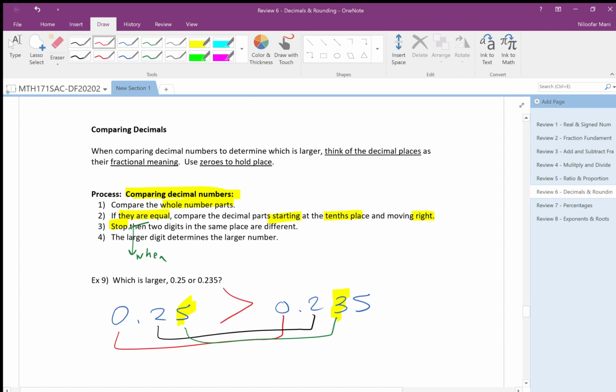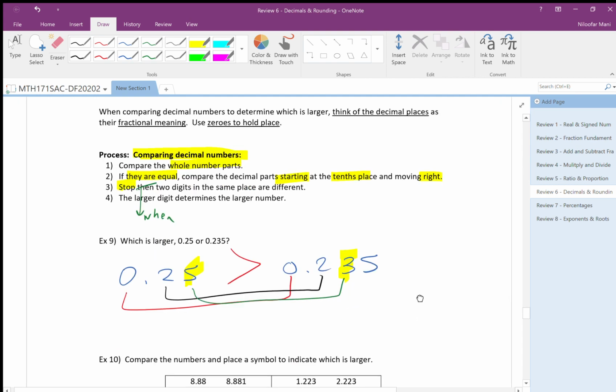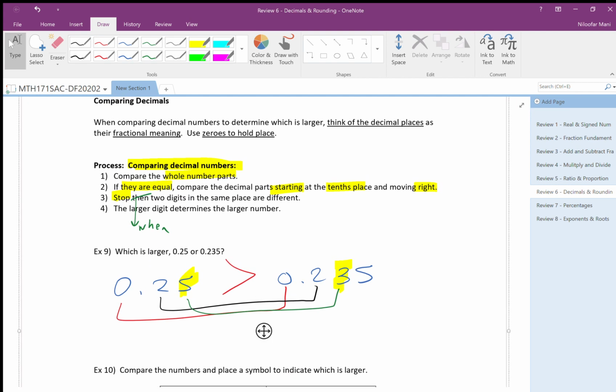It says when comparing decimal numbers to determine which one is larger, think of decimal places as their fractional meaning. It means, for example, this is 25 over 100 and this one is 235 over 1000, and then you can compare them.